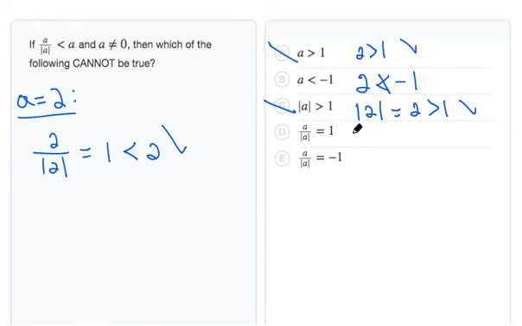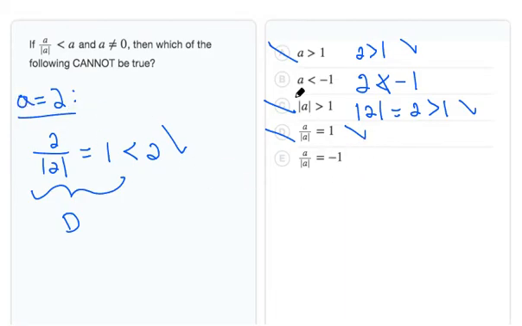So that's actually satisfied as well, and we did the work over here for our choice D. So we don't need to redo the work. We can rule that out automatically. Now we saw that a over absolute value of a is equal to positive 1, so it's not equal to negative 1. So this one doesn't work for our choice as a equal to 2.